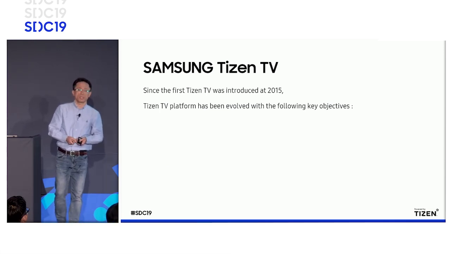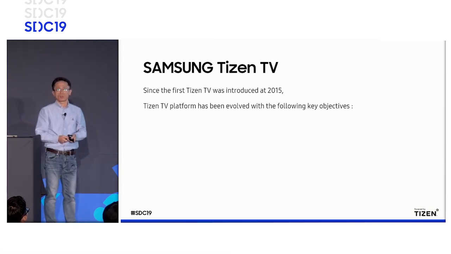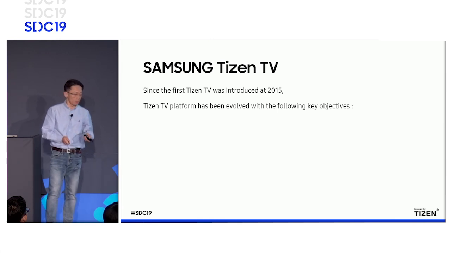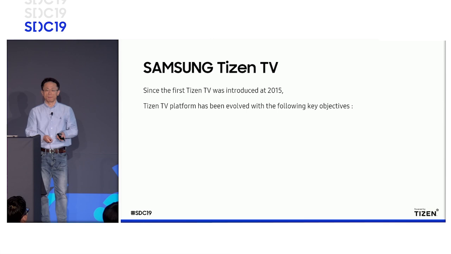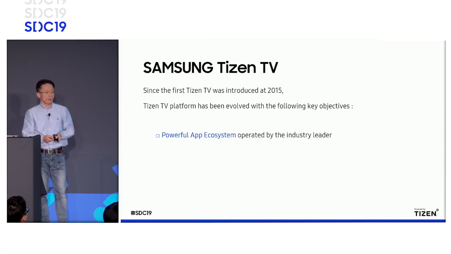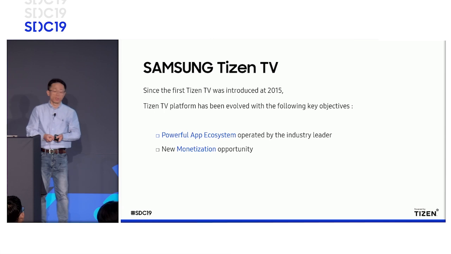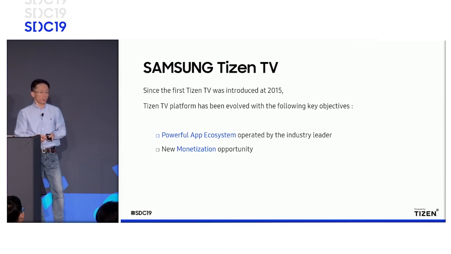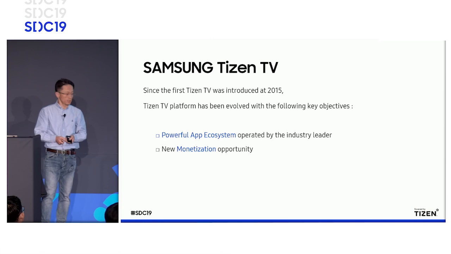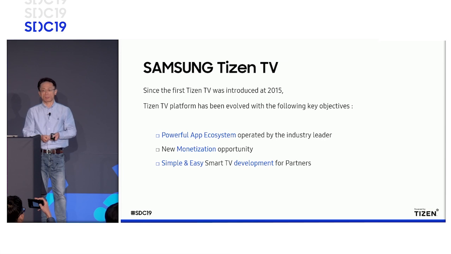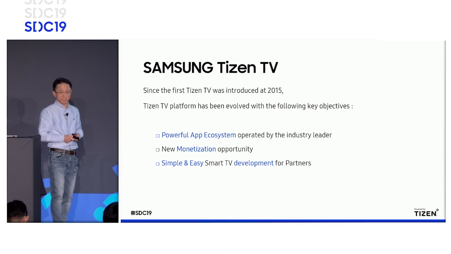Since we launched Tizen TV in 2015, the Tizen TV platform has evolved with these three key objectives. A powerful app ecosystem operated by industry leaders, and new monetization opportunities are given. And simple and easy development for partners. Those are our three topics for the Tizen TV.